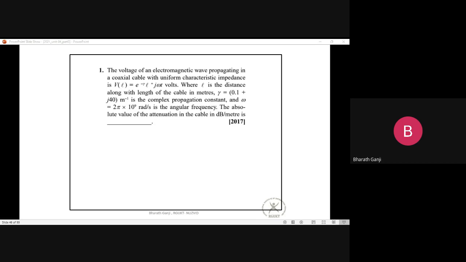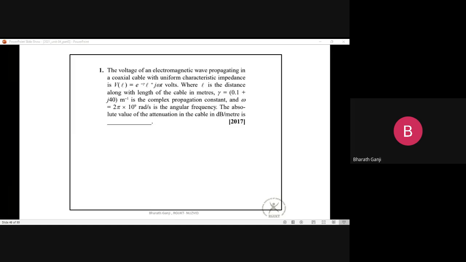Anyway, for every unit we usually solve some questions. Of course, I'm solving descriptive questions, but we are also solving multiple choice questions. I'm choosing these multiple choice questions from competitive exams.